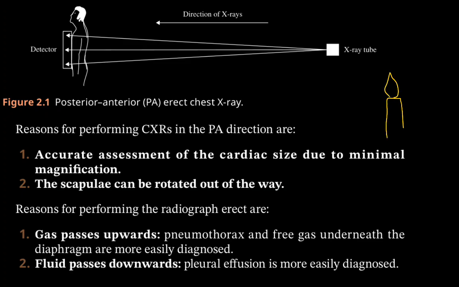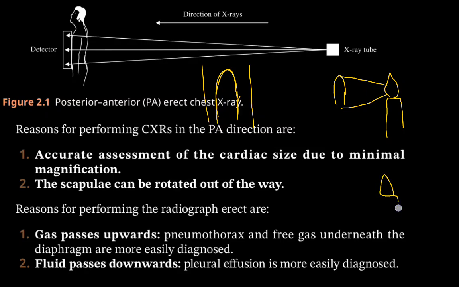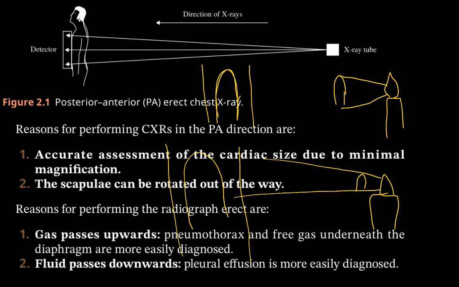While you put your finger between the candle and the wall, the light comes and takes the shadow from your finger and makes it bigger. In another situation, if you put your finger very close to the candle, then the size of your finger shadow will be even larger.